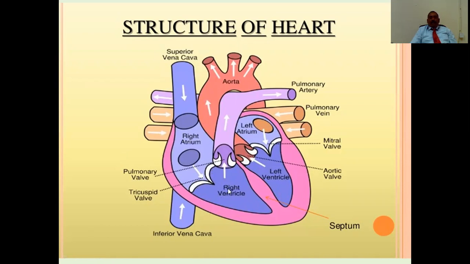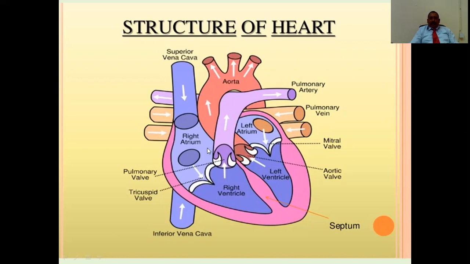So when the right atrium is in systole, the right ventricle will be in diastole. It will receive the blood from the right atrium and get filled up. The blood crosses this area, which is called a valve, named the tricuspid valve. It can also be called the right atrioventricular valve.